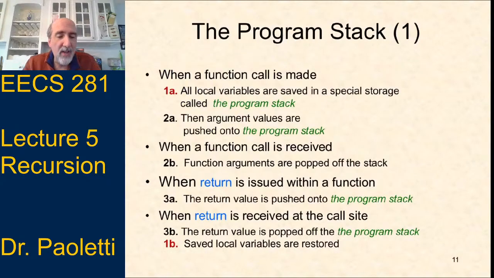Now, when we look at the call stack, and this is a slightly simplified view, and this is one of those things we're not going to put on the exam, but we like to give you the real explanation rather than half an explanation. So when we put things on the stack, there are things we have to save. So we have to save local variables. And you'd think, well, wait, local variables, aren't they in memory? Not quite.